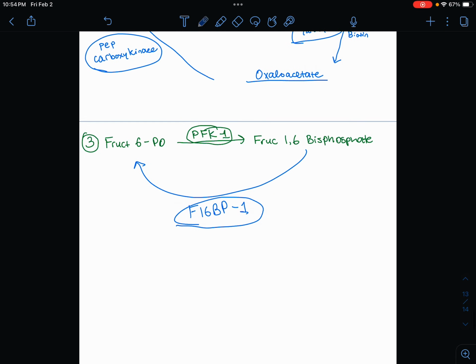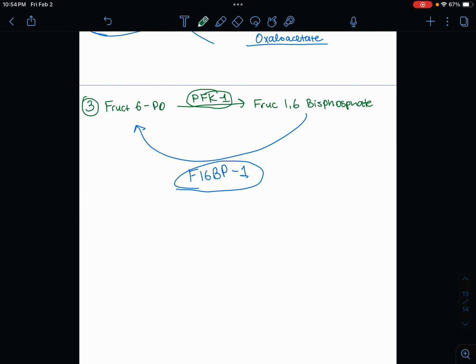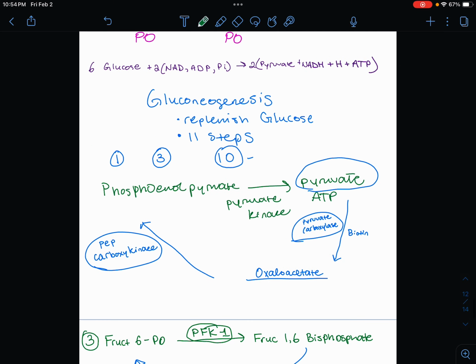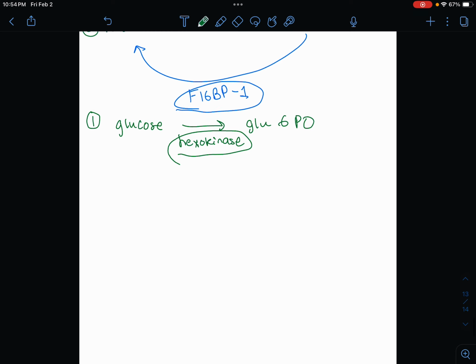We have one more step that's different from our glycolysis pathway, which is going to be step 1, where we just had glucose going to glucose 6-phosphate. Here, usually we would be using hexokinase. However, like these previous steps, step 3 and step 10 of glycolysis, we had to use a different pathway to overcome the energy requirement.